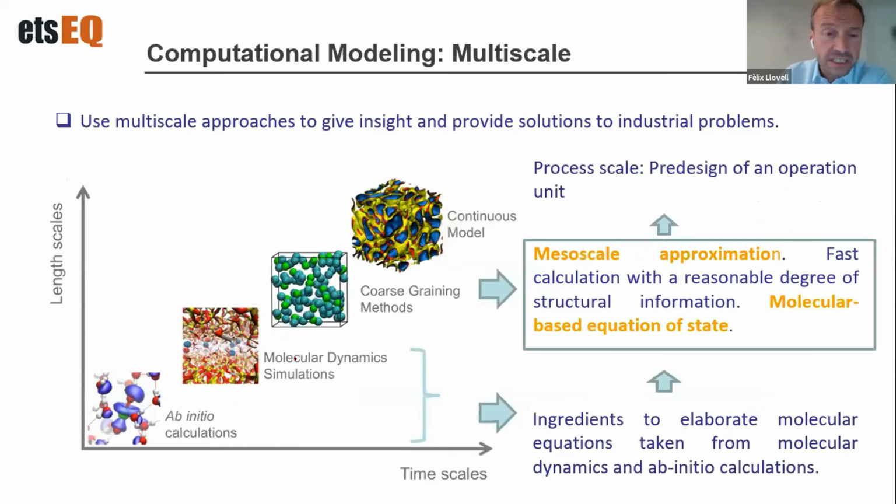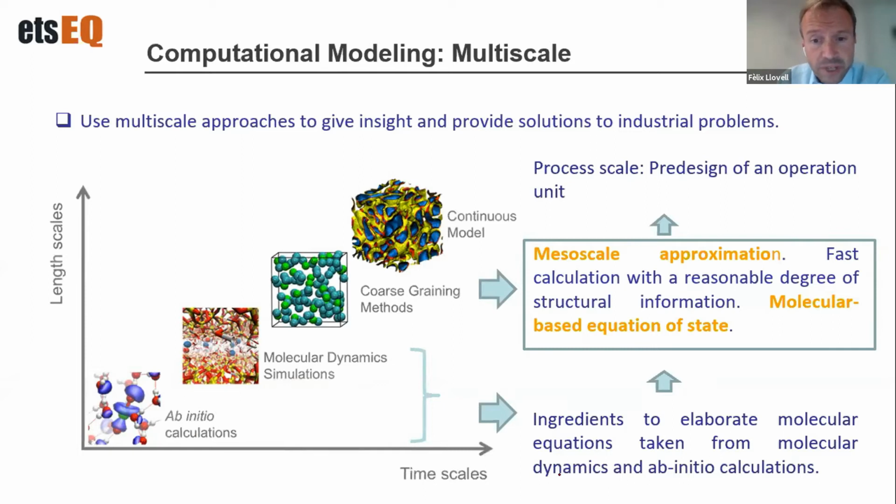For this purpose, it is important to consider the different multi-scale approaches that can provide insight and solutions to industrial problems. Of course, if we need to understand what is going on at a deeper scale, we have to move towards ab initio calculations or maybe molecular dynamics simulations, which will give us basic information on the molecule and will be capable of identifying the main interactions occurring in the system, as shown in the previous slide.